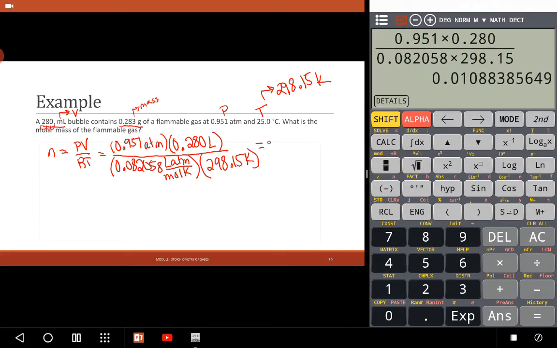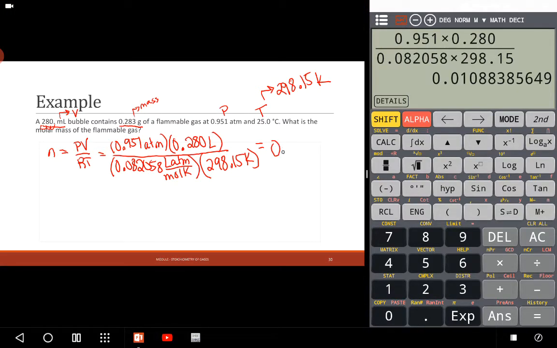Okay, so my moles of gas is 0.10883 moles of gas.